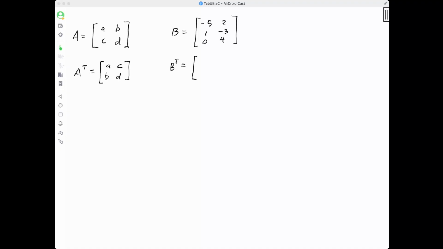And the first row of B is going to be the first column of B transpose. The second row of B is the second column of B transpose. The third row of B is the third column of B transpose. So we can define this idea with the transpose, and we have some properties of transposes.